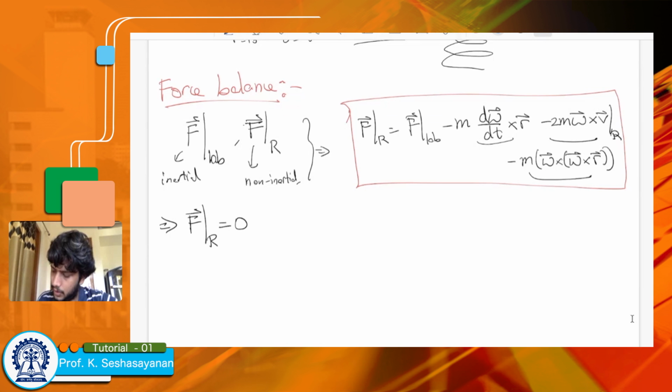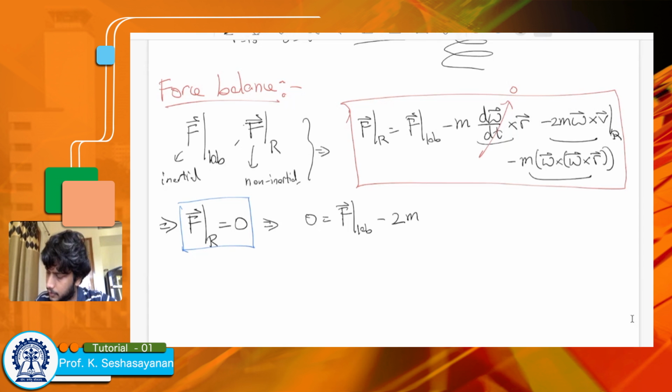So with this knowledge, we can just say that 0 equals F lab minus, so d omega by dt is 0 because the rotation is constant, omega is constant. So this gives minus 2m omega cross v in the rotating frame, minus m omega cross omega cross r.